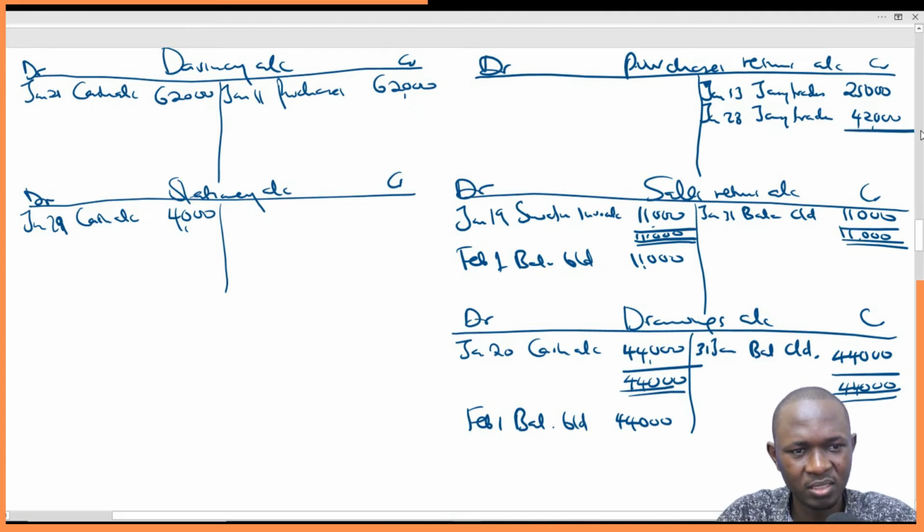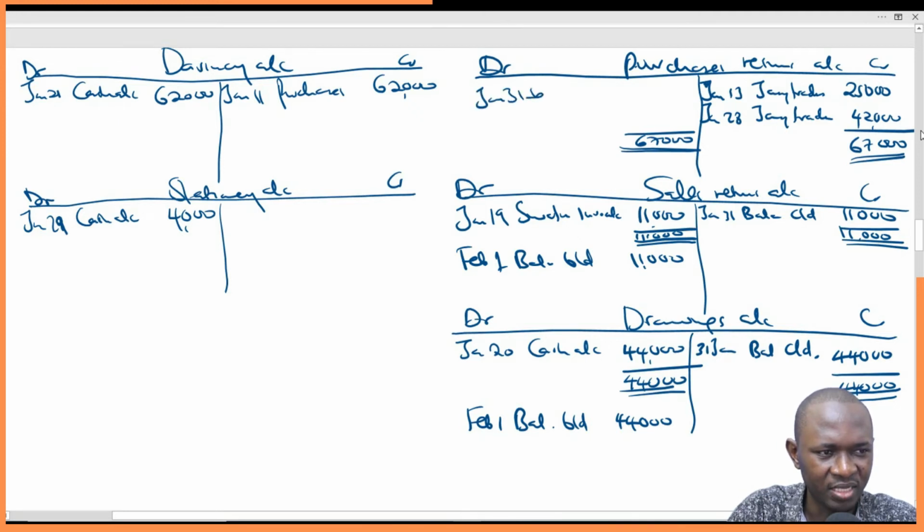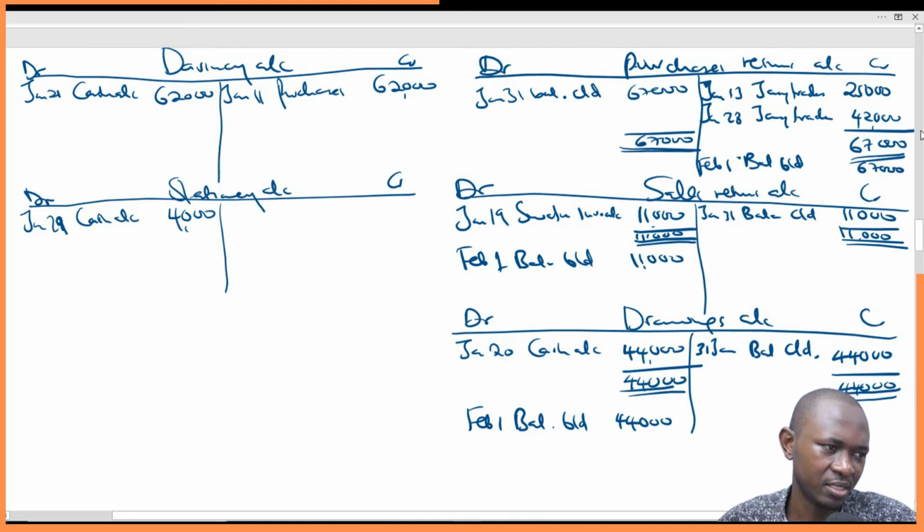This one will be 67,000, 67,000 also this side. Then we say January 31st balance carried down 67,000, and then Feb 1st balance brought down, how much? 67,000, like that. Come to stationery, close it.